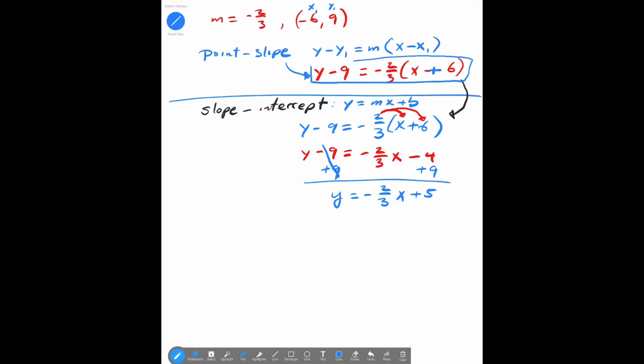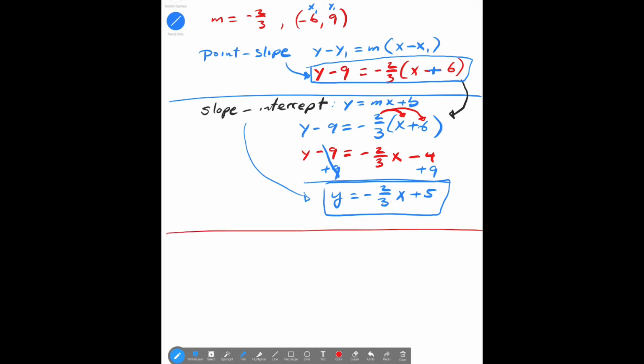So we have our point slope form, we have our slope intercept form. The last one is the standard form, which is ax plus by equals c.